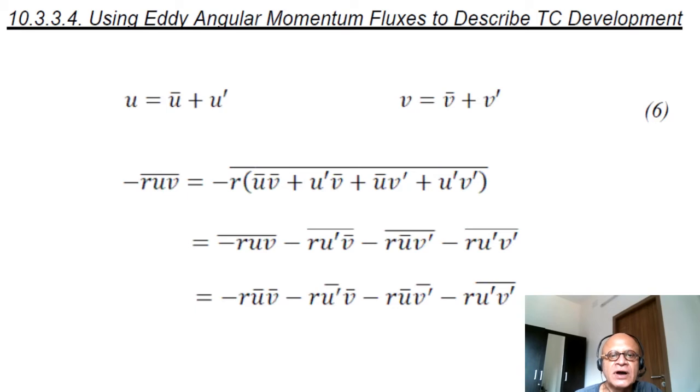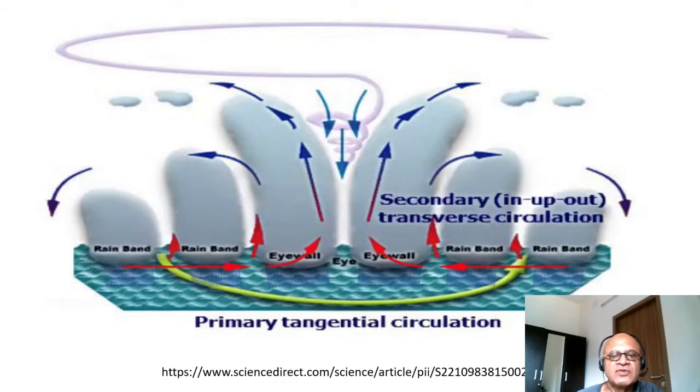Okay, what does that give us? You want to basically understand the flow in terms of the primary tangential circulation that's feeding the cyclone, and you have these secondary, what are called in, up and out transverse circulation that's happening because of these rain bands.